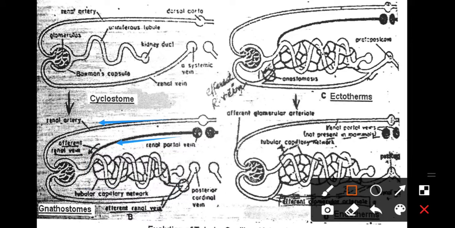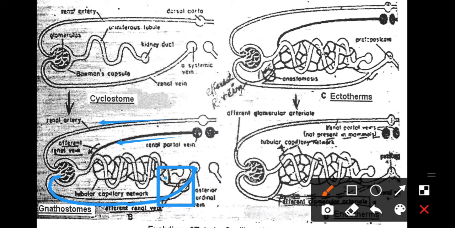Now, if we see the drainage of the tubular capillary network, it has formed this anastomosis to the renal vein. Here, this is the renal vein which is coming out of the glomerulus, and it is going towards the posterior cardinal vein.